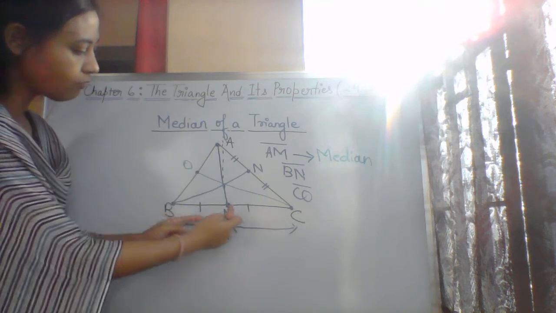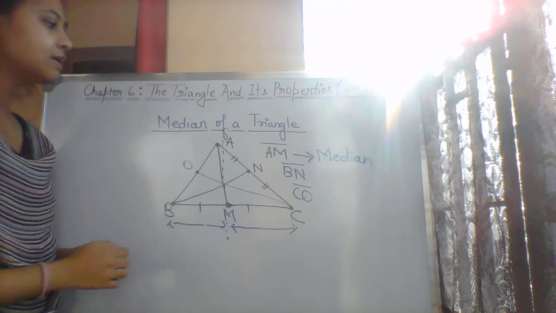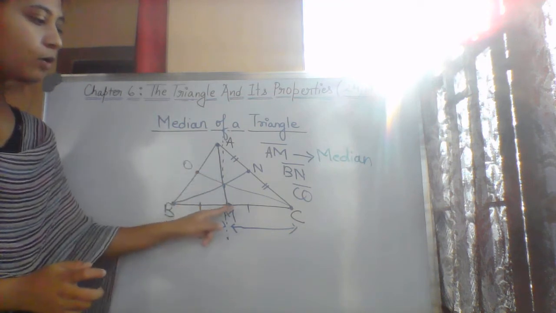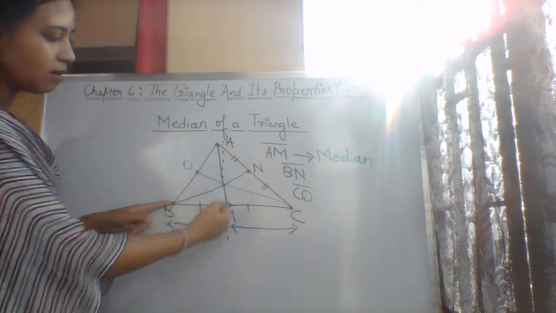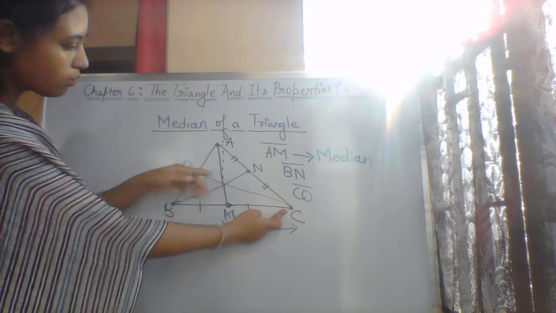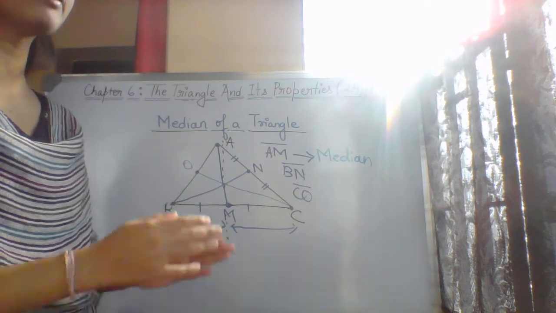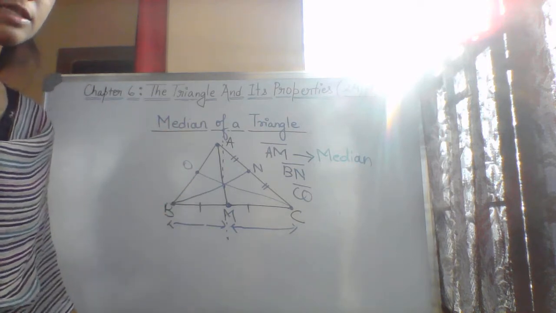This side. So I have to find the midpoint there, then I have to join. So a median is a line connecting a vertex and the midpoint of the opposite side. I hope median is clear. This is a very new thing, so if any doubt, you ask in the DCC.